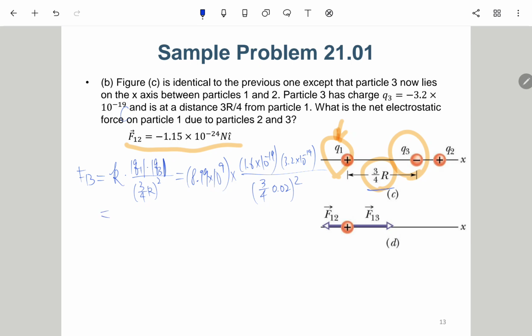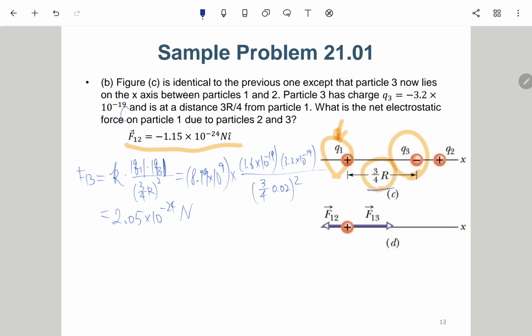Okay, so using the calculator, you can also get it is 2.05 times 10 to negative 24 Newton. Okay, so this is the magnitude. But okay, this is actually not the answer yet. This is only one of the two forces acting on Q1.